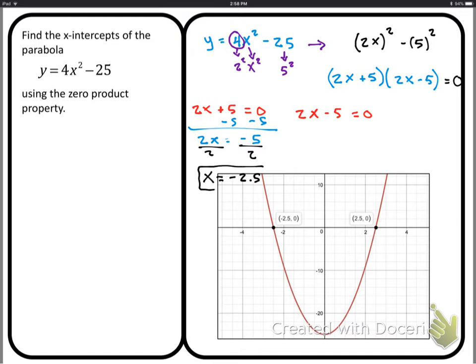I'm going to box my answer. It looks like we're doing it right so far. One of the x-intercepts is negative 2.5. On the right side, same steps: add 5, so 2x equals 5. Divide by 2, and you get that x equals a positive 2.5, which is right there. So we have both of our x-intercepts there.